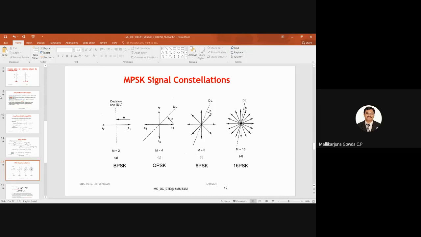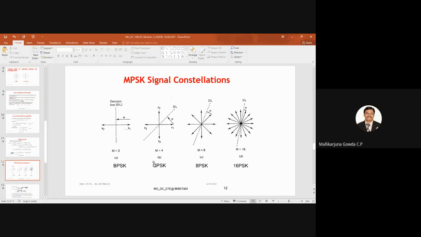So how do we draw the signal constellation diagram? I think here I have shown four different cases. The first one is for BPSK, where the value of capital M is 2, because the value of the integer n is equal to 1. Any questions with respect to this BPSK signal constellation diagram?